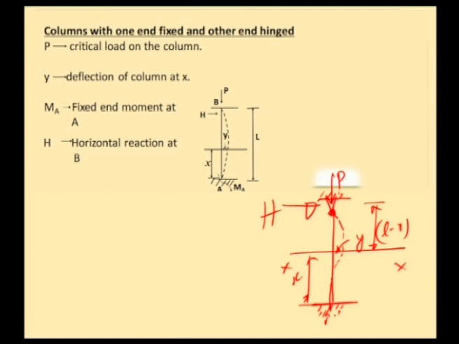So, the moment produced by H with respect to x x will be H multiplied by L minus x, and the nature will be clockwise, whereas this axial load P produces an anti-clockwise moment about this point, with value equal to P into y.